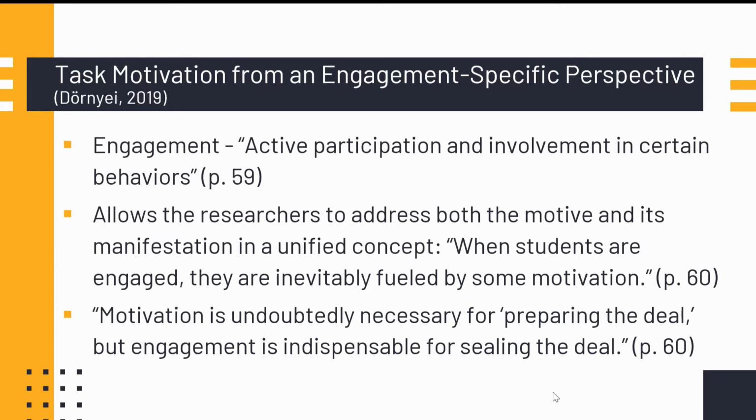But motivated learners are not always engaged with tasks because of some unexpected distractors, like technology nowadays or working from home, right? So motivation is undoubtedly necessary for preparing the deal, but engagement is indispensable for sealing the deal. So as I mentioned, I didn't spend a lot of time discussing task motivation research.